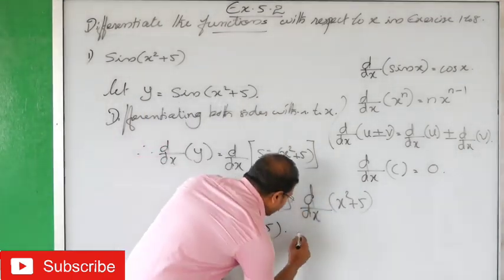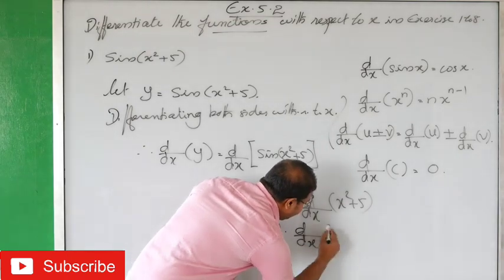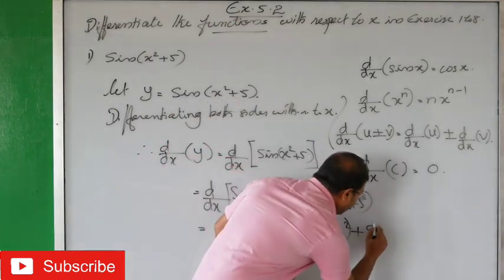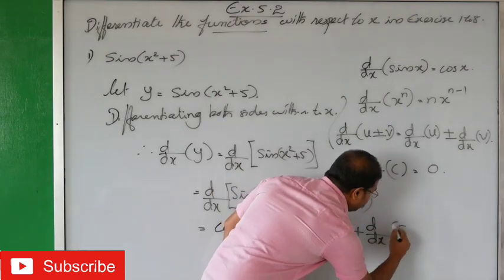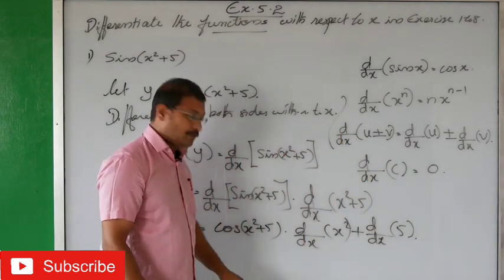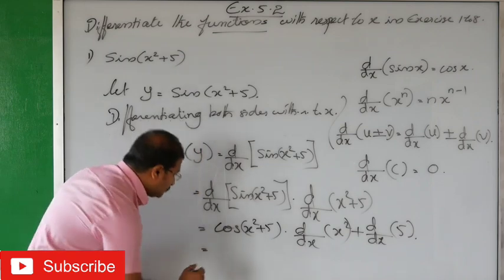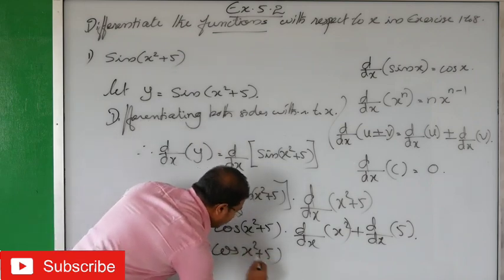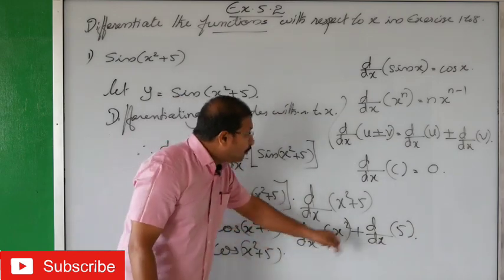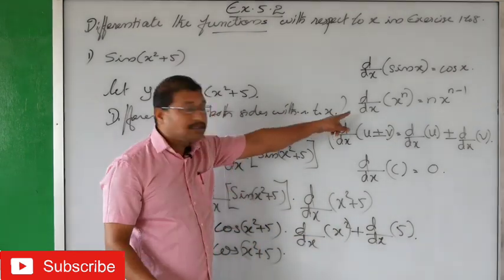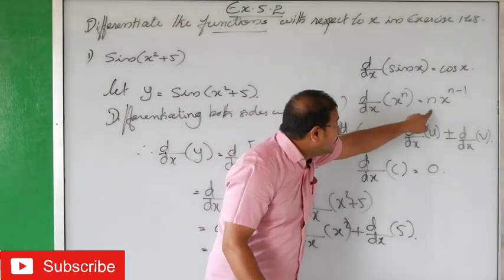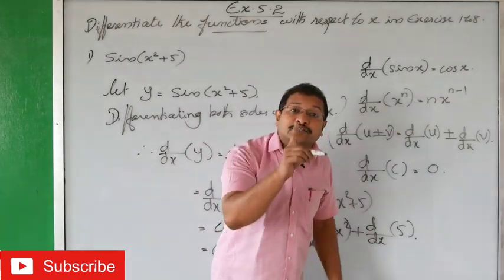Derivative of x square plus derivative of 5 equals cos of x square plus 5 into derivative of x square. Derivative of x raised to n equals n into x raised to n minus 1.